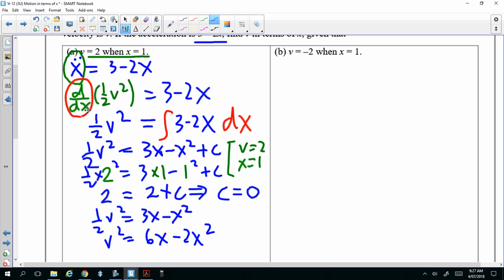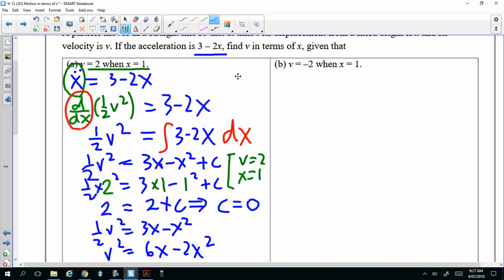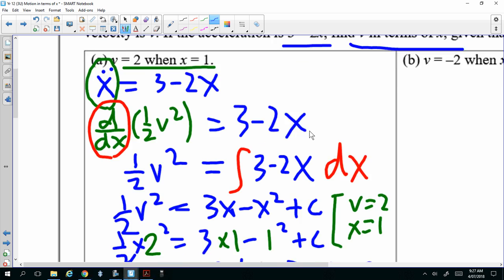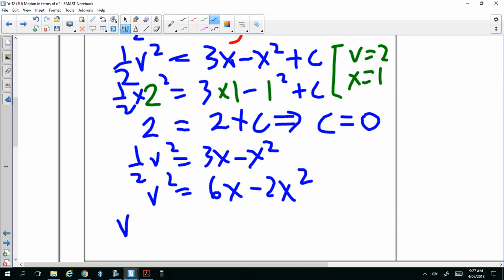Now we still have to find v because that's v squared. The question is to find v in terms of x, so you have to square root it. Square root can be a bit tricky because remember, when you square root, it's plus or minus. And the question is, which one do I use? Well, which one you use depends on your initial condition. Now we'll write this thing over here.